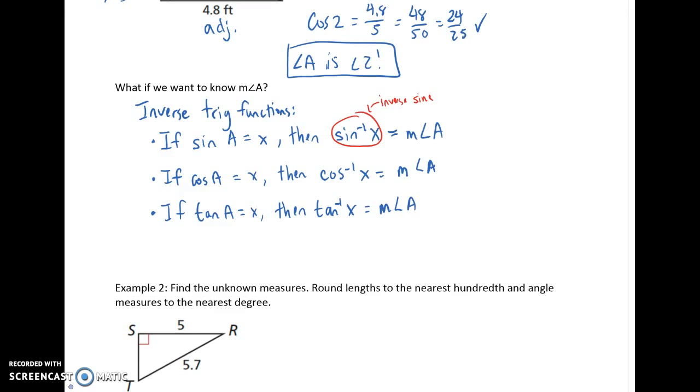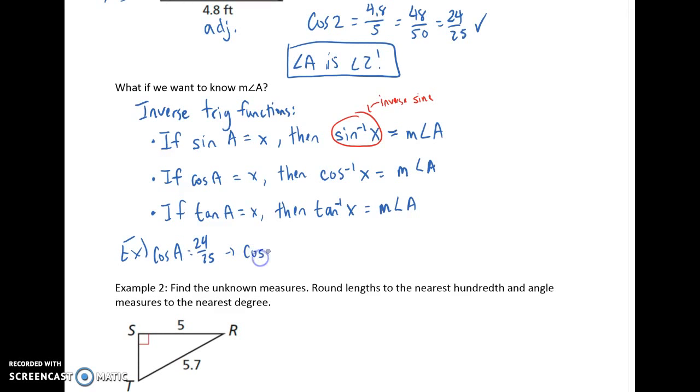If we wanted to find what angle A was in the example, I would again be using the inverse cosine. So cosine of angle A was equal to 24 over 25, right? And that 24 over 25 is 0.96.